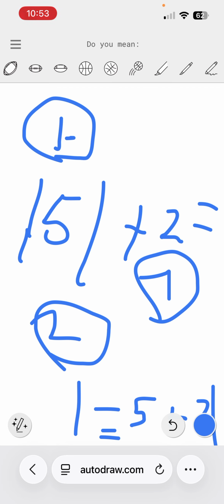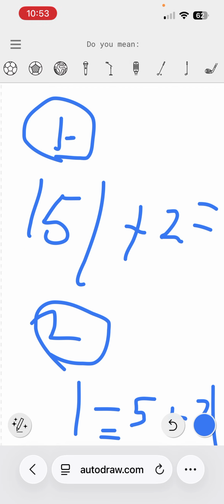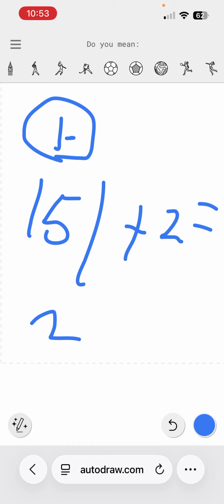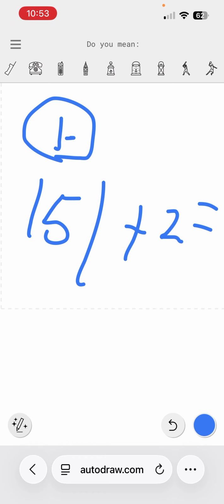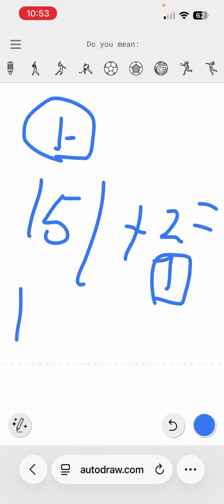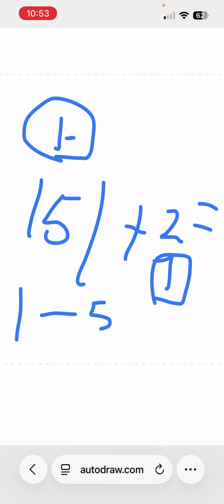Hang on, or let's do this real quick. I'm gonna rewrite this equation here. This is 7. And then I think I had -5.